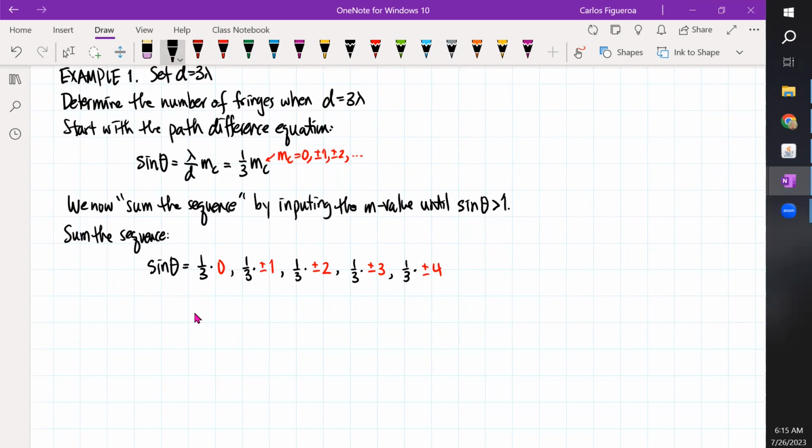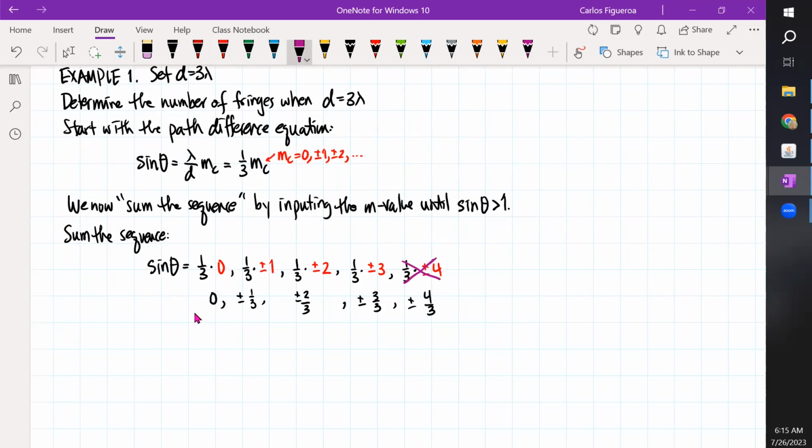So if I now start looking at the values, this is 0. This is plus or minus 1/3. This is plus or minus 2/3. This is plus or minus 3/3. And then this guy is plus or minus 4/3. So right away, you see here that the sequence stops right here.